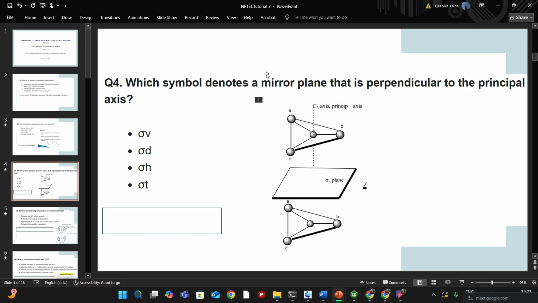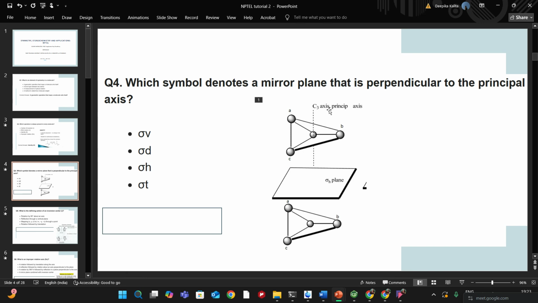So next we have this question: which symbol denotes a mirror plane that is perpendicular to the principal axis? Out of sigma V, sigma D, sigma H, and sigma T. Sigma H, yes, correct.